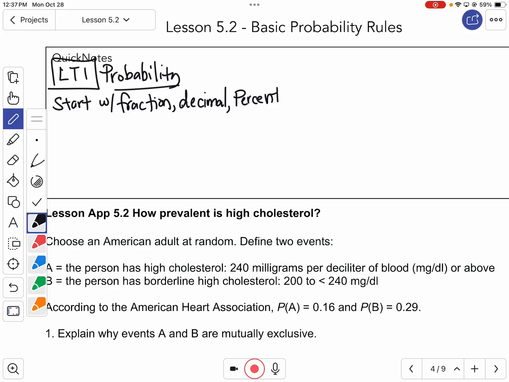Most of us are used to doing the fraction part. Okay. 2 out of 5. 9 out of 36, 11 out of 36. But most people in statistics do probability as a decimal, all right? And so because of that, it says that each probability is between 0 and 1.